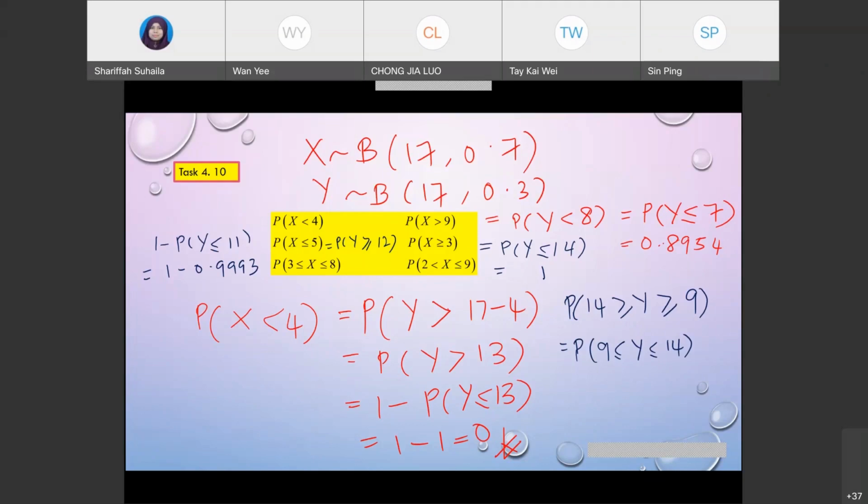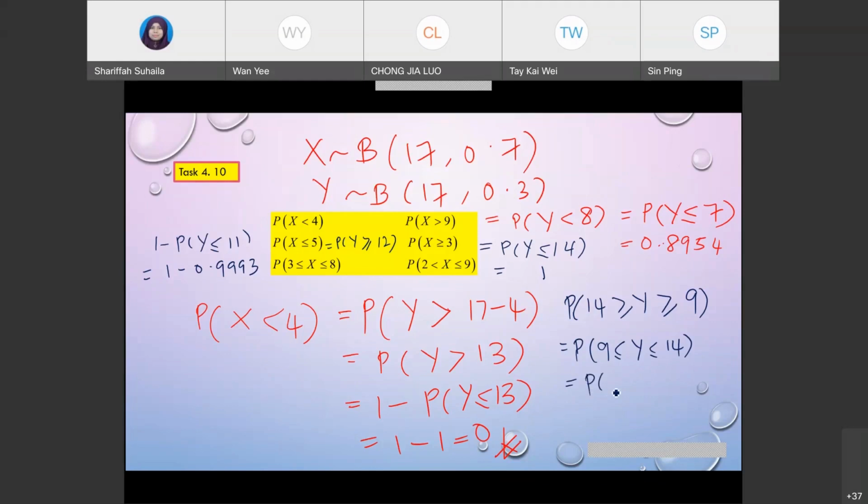Now you find from your stats table. That means you want 9, 10, 11, 12, 13, 14.